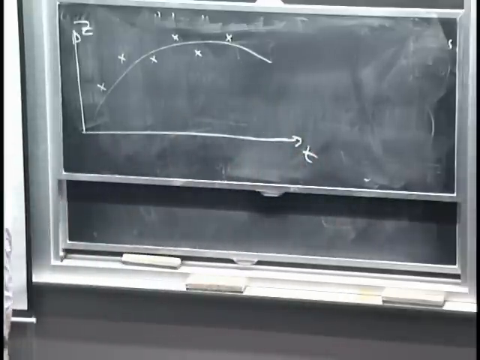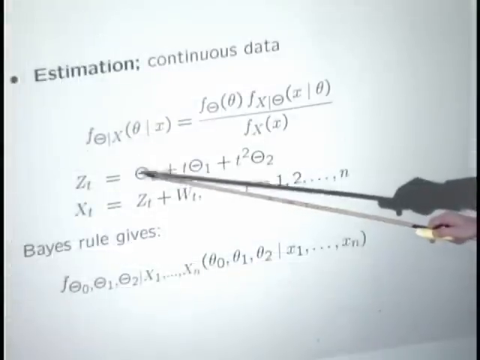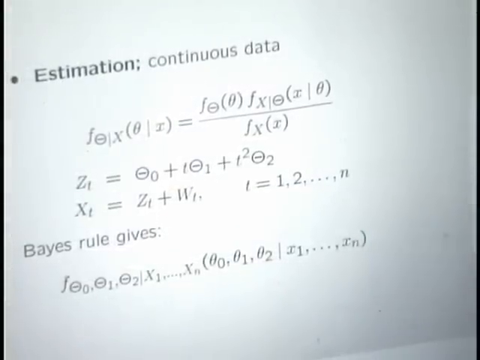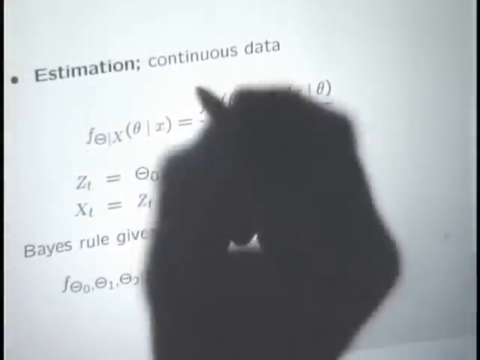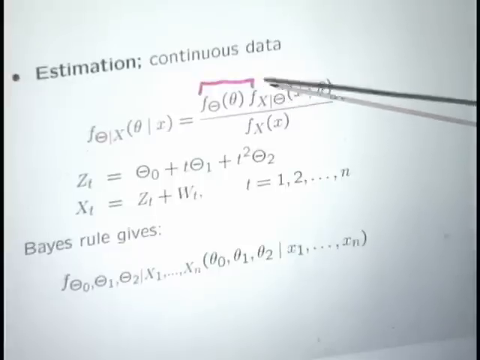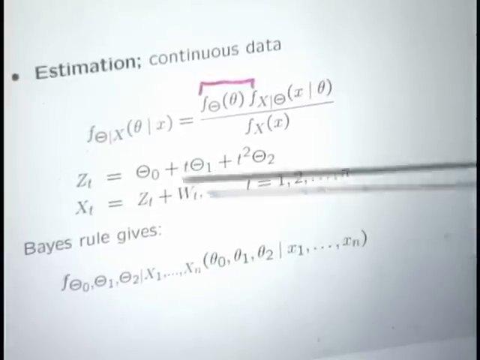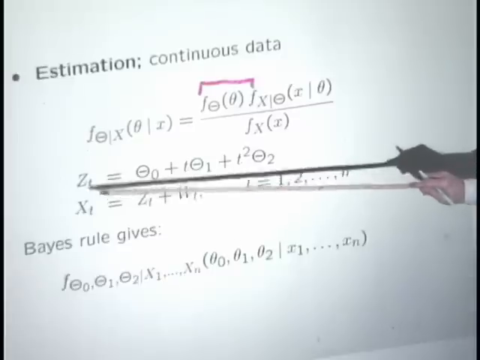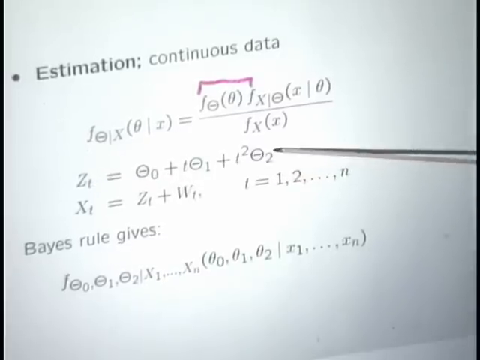Now, if somebody gives you probability distributions for theta, these would be your priors. So this is given. We need the conditional distribution of the x's given the thetas. Well, we have the conditional distribution of z given the thetas from this equation.